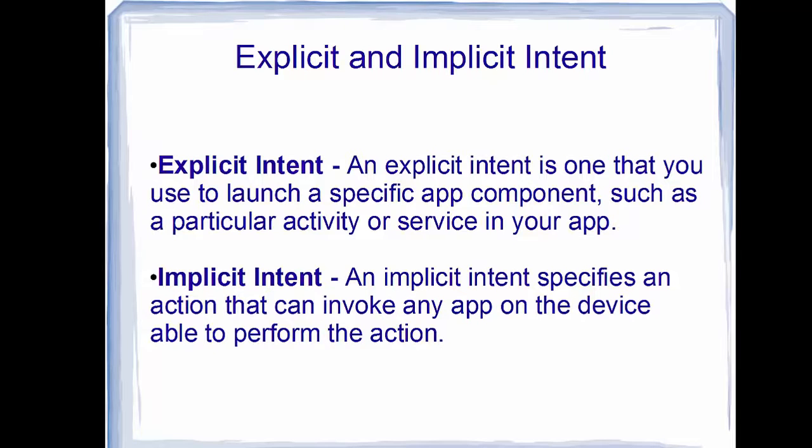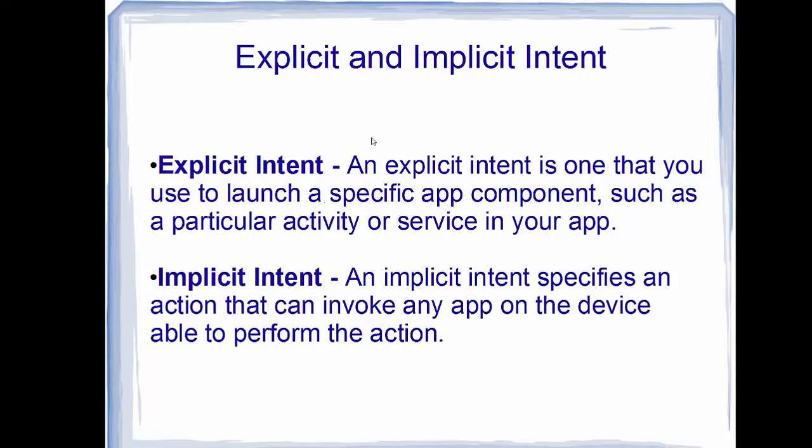An implicit intent specifies an action that can invoke any app on the device able to perform the action. So you use implicit intent whenever you want to invoke some app or some activity from another app in your device from your app.